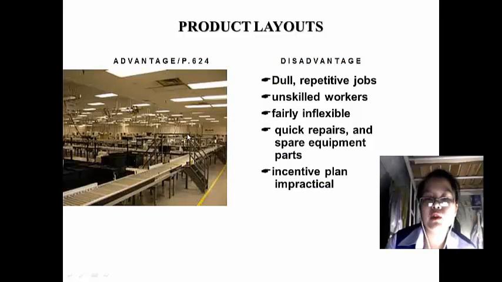The product layout makes it easy for labor to get bored because their jobs repeat day by day, year by year. The second one is unskilled workers. Most of the production work is performed by automated machines, so it doesn't need a more skilled form of labor.